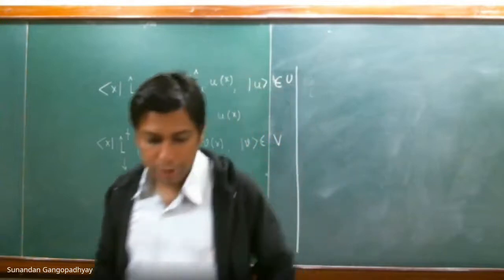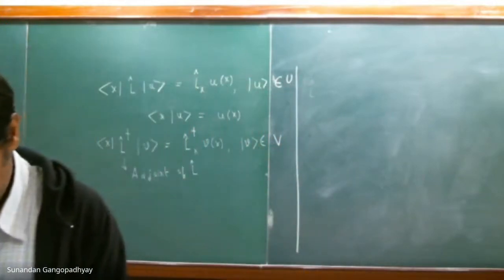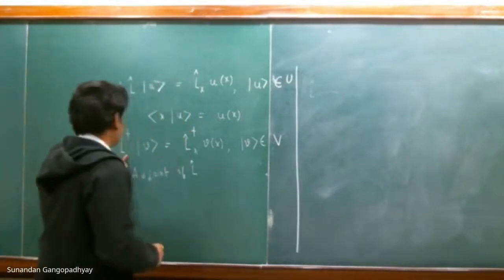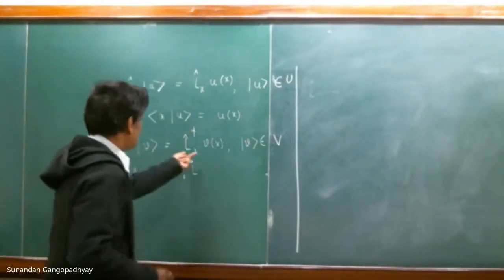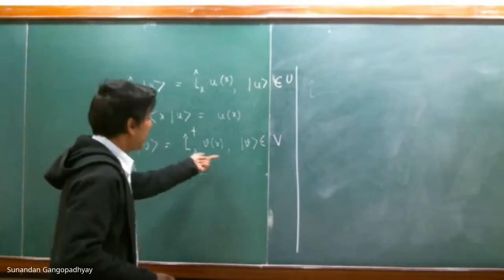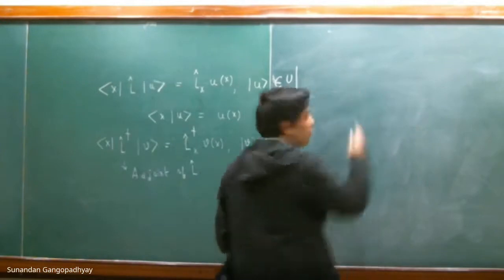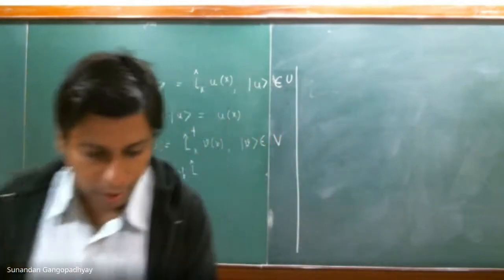So what we shall have is the formal adjoint, this L hat dagger, which has a representation L hat dagger x when it acts on functions V of x. This you can find out from a particular identity.